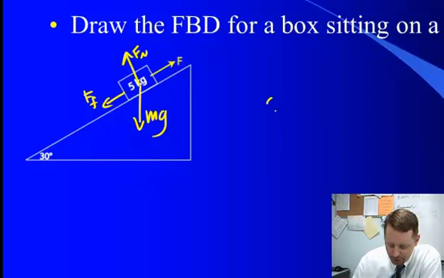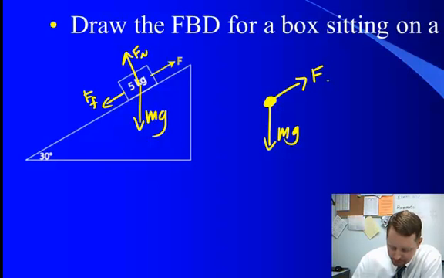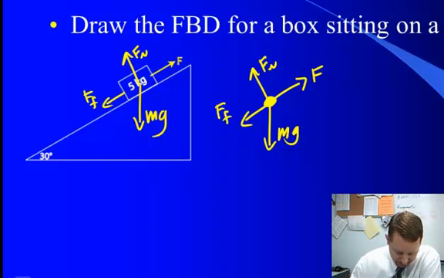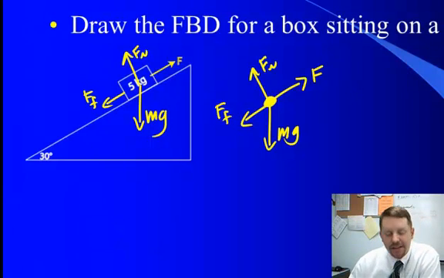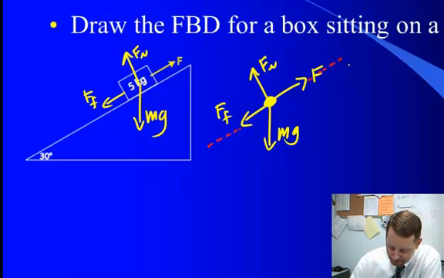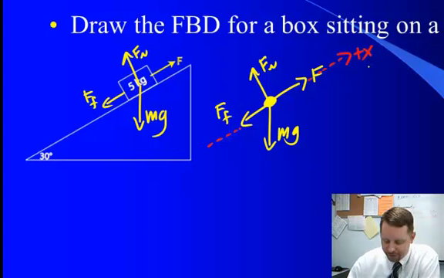So if I were to draw my free body diagram, I'd have a dot, mg down, force F coming up the ramp, normal force coming out of the ramp, and the force of friction. And then I would also draw my axes. The axes we line up with the direction of motion. So I would probably call this my positive x, and perpendicular to that, we'll draw our y-axis.